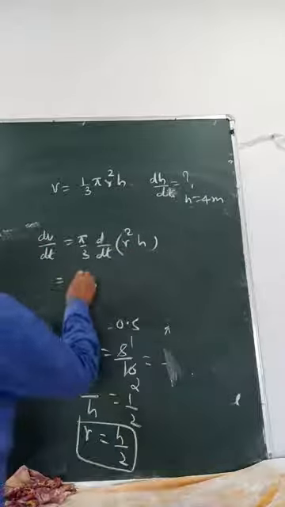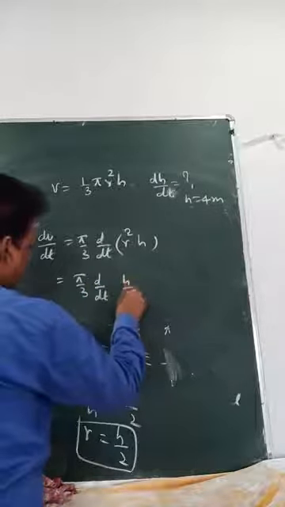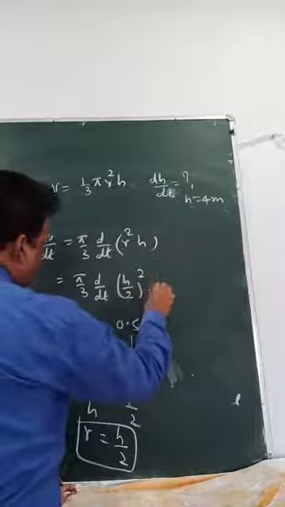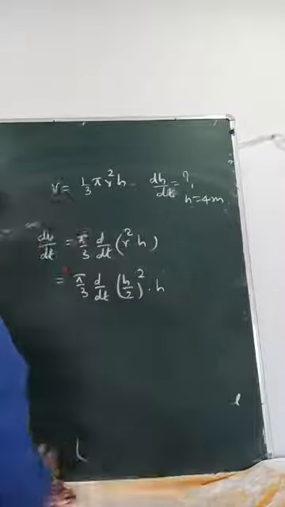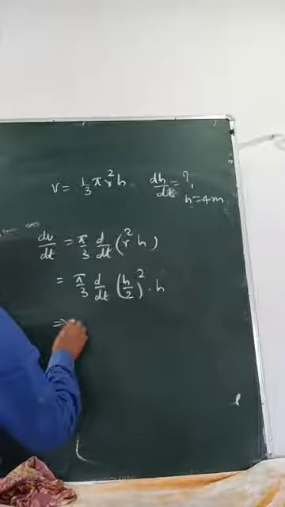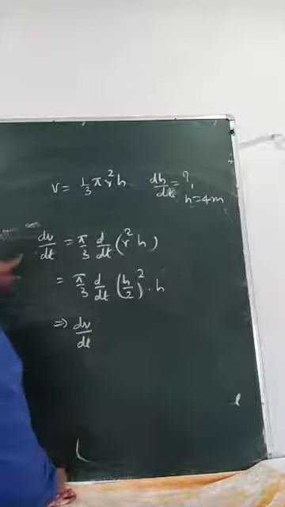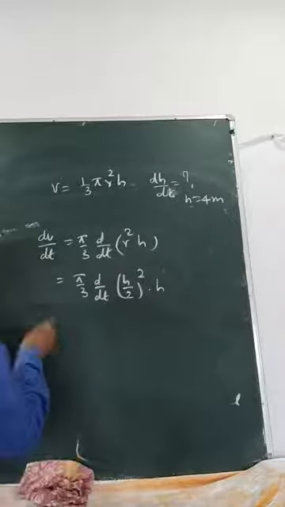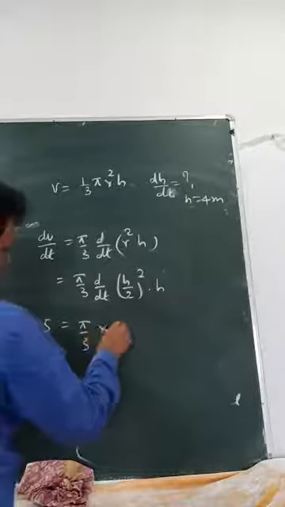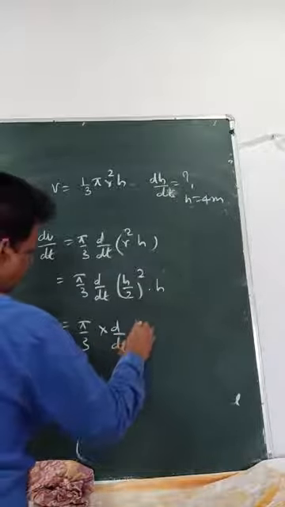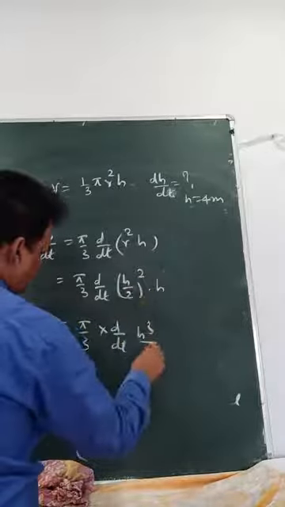That is pi by 3 d by dt of (H by 2) whole square into H. This implies dV by dt, which is given as 5, so 5 equals pi by 3 d by dt of H cube, because H square and H is H cube, and 2 square is 4.